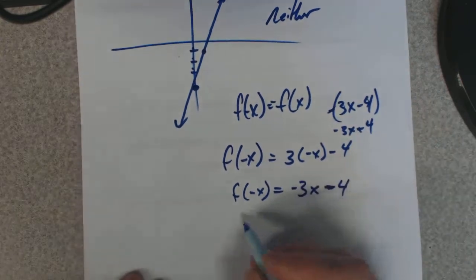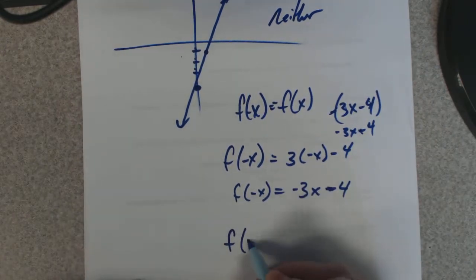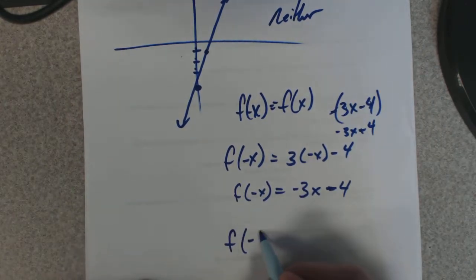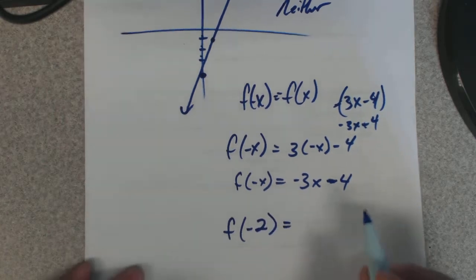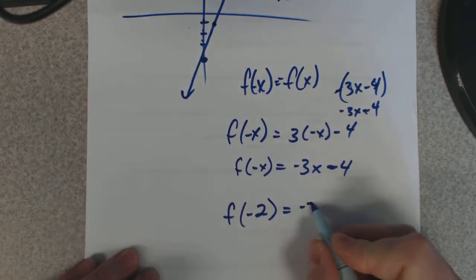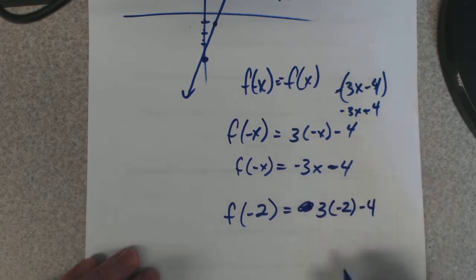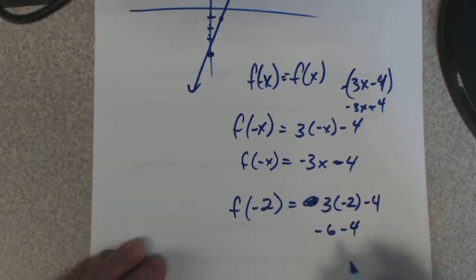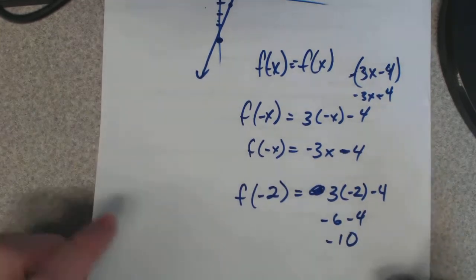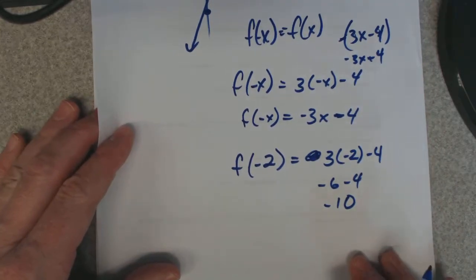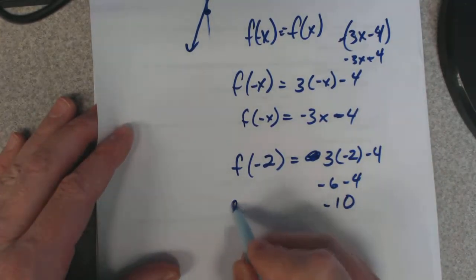If we did it with a point, what happens when I plug in a -2? I get -10. What happens when I plug in a +2?